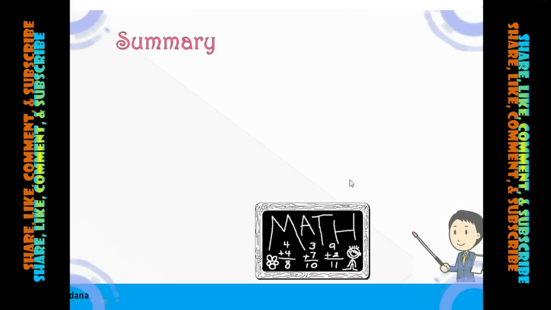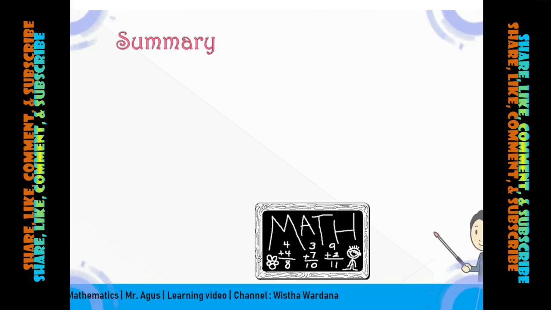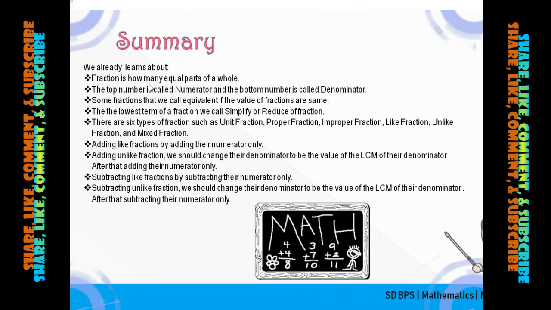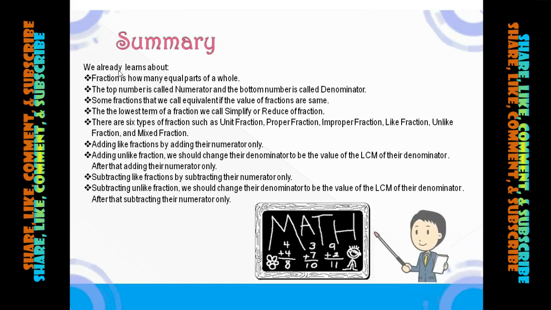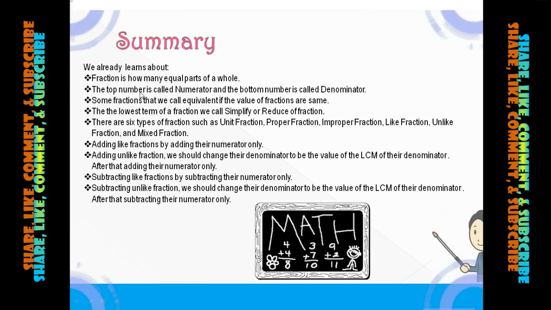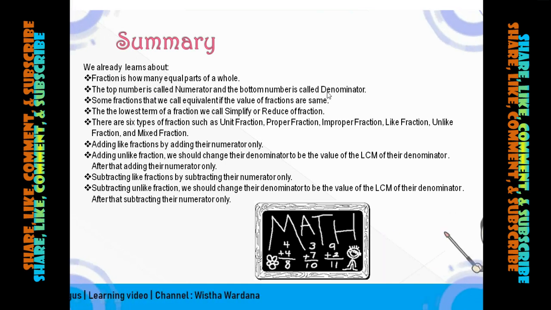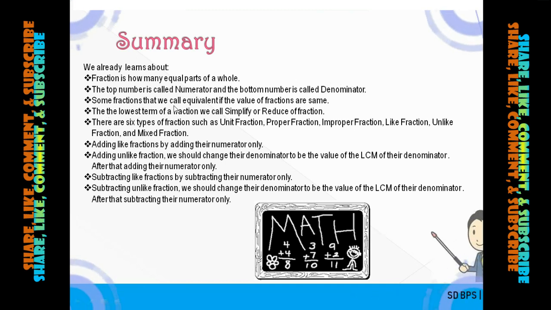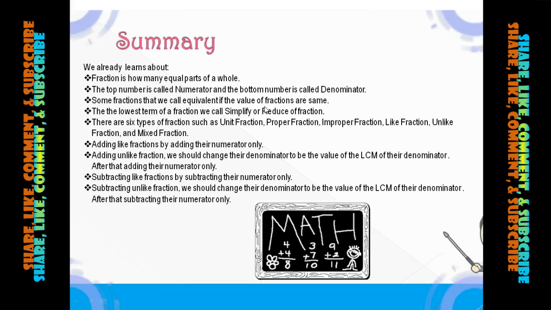So, we arrive at the summary. The summary of this lesson is fraction is how many equal parts of a whole. The top number is called numerator and the bottom number is called denominator. Some fraction that we call equivalent if the value of fraction are same.